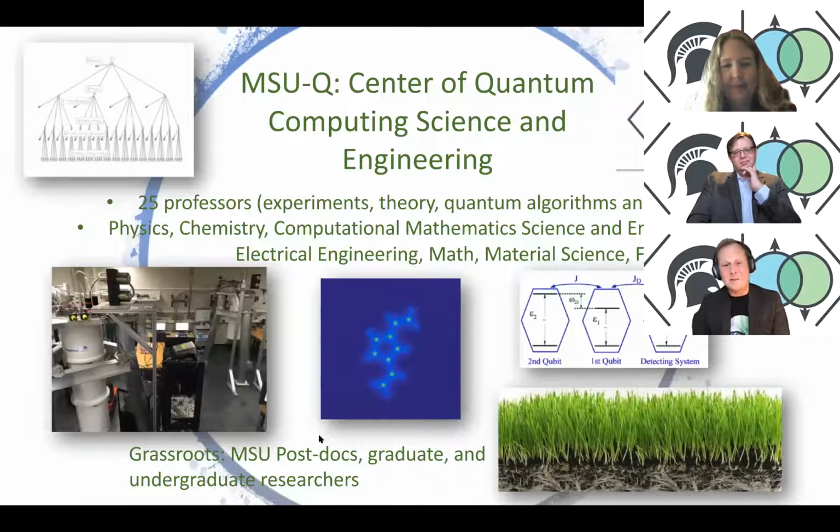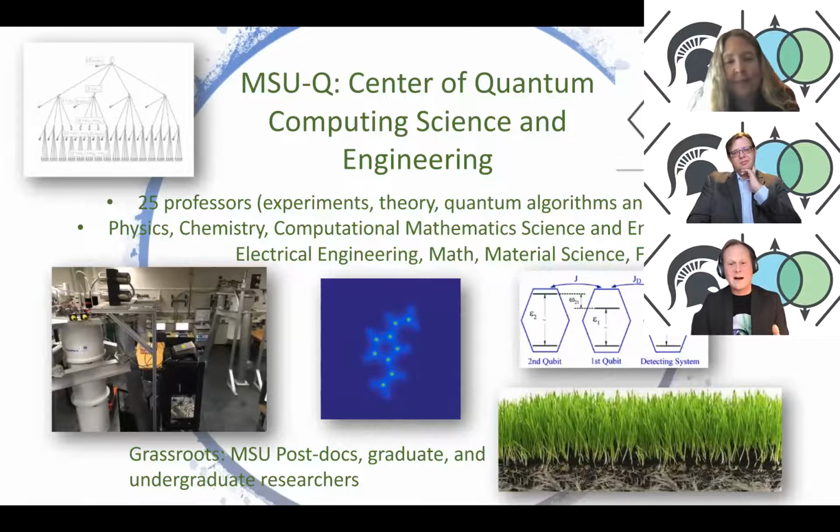And that's actually a big part of what this center that Angela and Andrew and I have put together here at MSU is about. The center, as Angela mentioned previously, is the Center for Quantum Computing Science and Engineering.